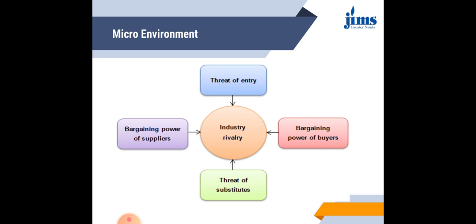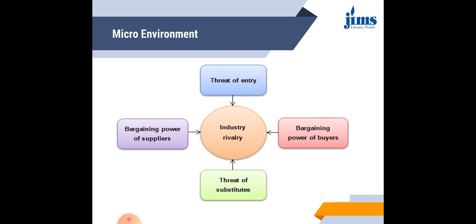But if there are various sellers or a huge number of sellers in the market, then the customers will not be ready to purchase at the price which you are quoting, right? So here again we are talking about the bargaining power of buyers. So basically this diagram tells you about 4 aspects: threat of entry, threat of substitutes, bargaining power of suppliers, and bargaining power of buyers.